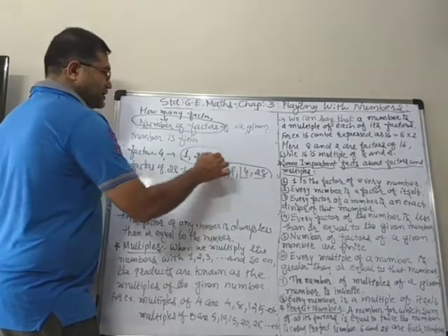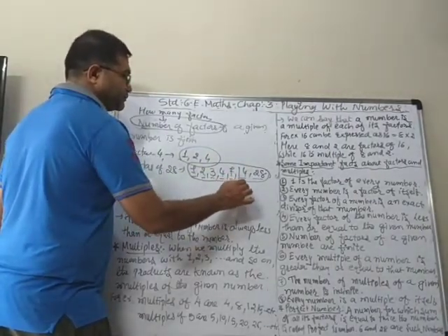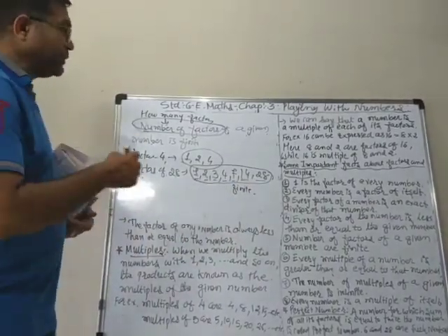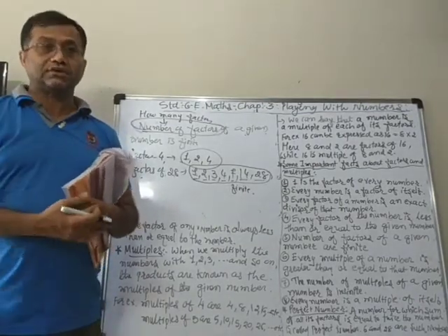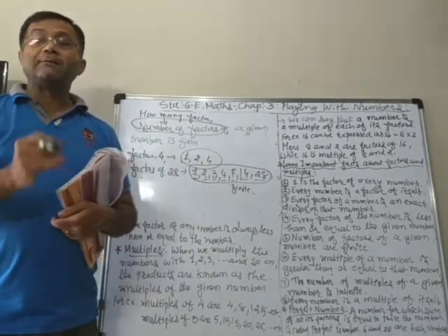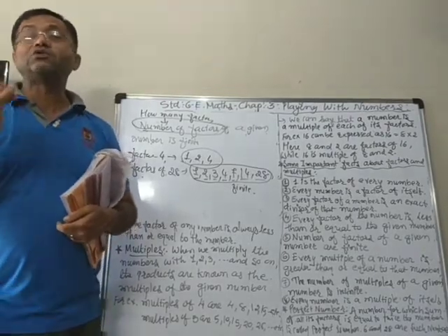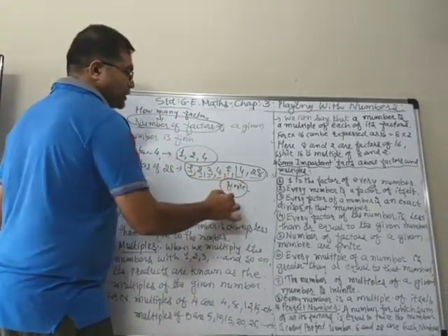There are 6 factors. It means it is a finite number. It is not uncountable. Similarly, if you take any number and write down all of its factors, the number of factors will be finite, meaning countable.